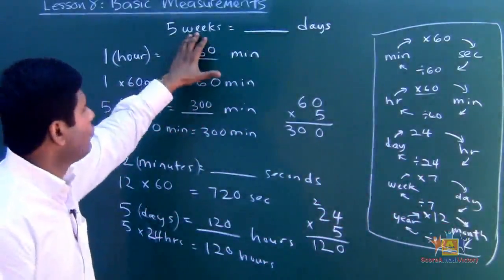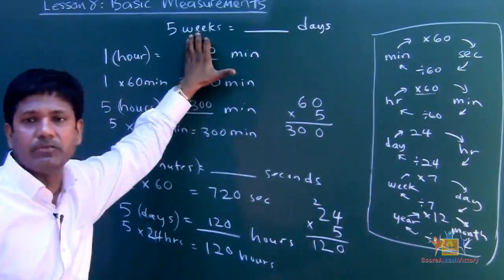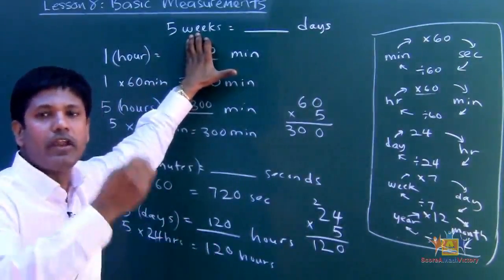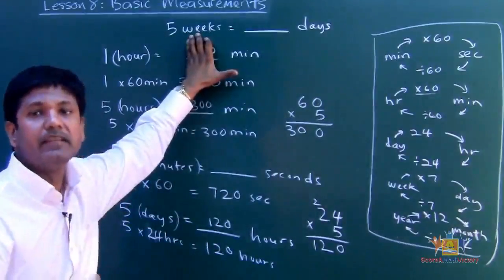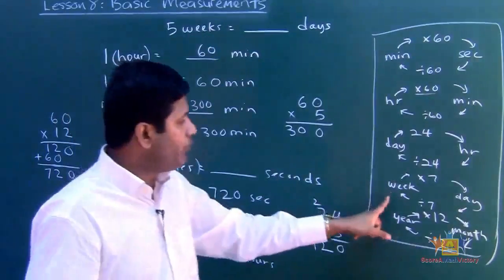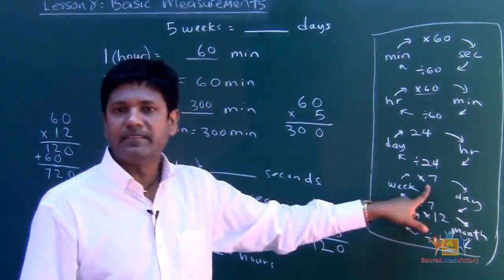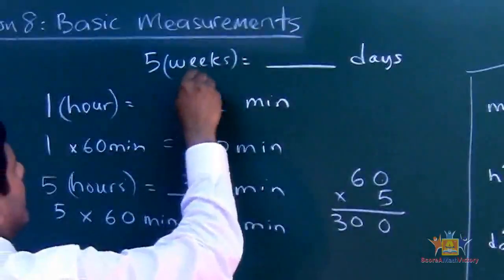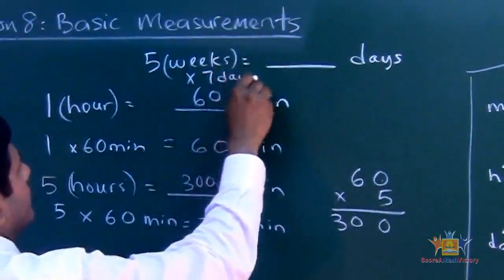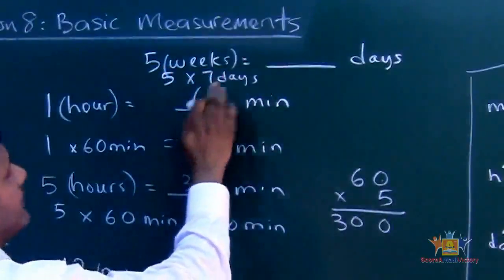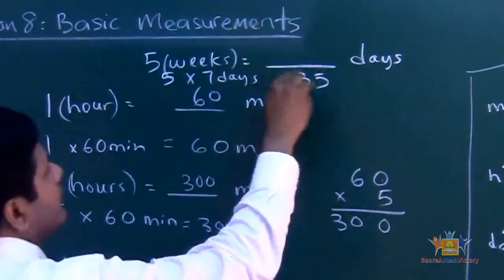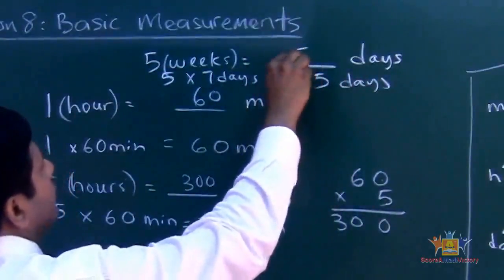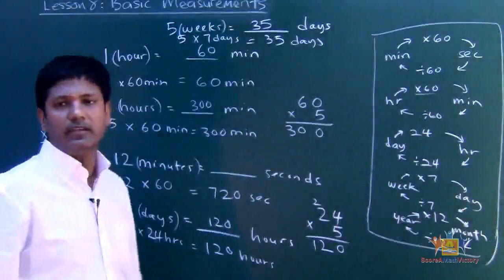Without knowing the week and day relationship, you can't do it. Once you know it, 1 week equals how many days? 7 days. So from week to day, you multiply by 7. I substitute this with times 7 days. So 5 times 7 is 35 days. So 5 weeks have 35 days.